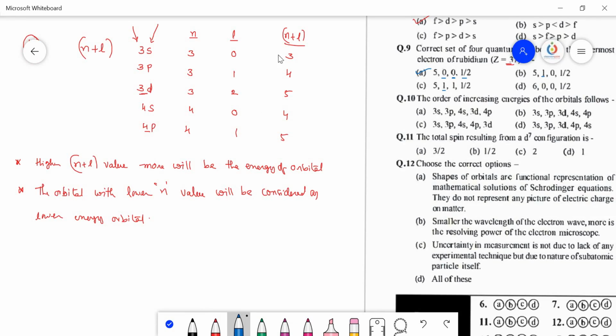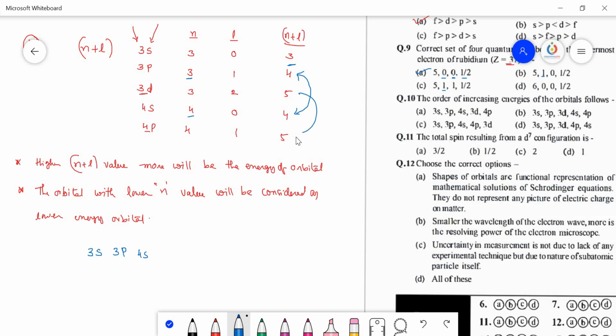So let us see here, the n plus l value is lowest for the 3s orbital, so 3s comes first. Next, there are two orbitals with the same n plus l value, 3p and 4s. In 3p the n value is less, but in 4s the n value is more, so 3p is considered the lower energy orbital. So next electrons go to the 3p orbital, and then immediately to the 4s orbital.